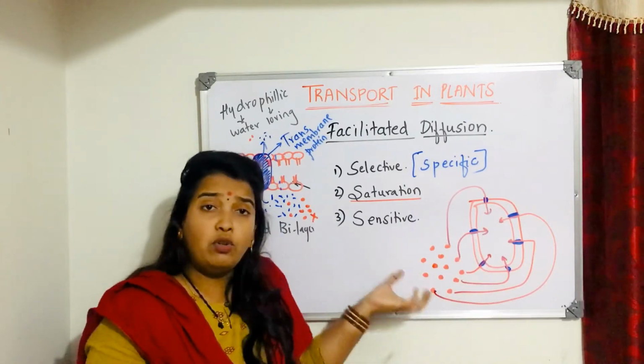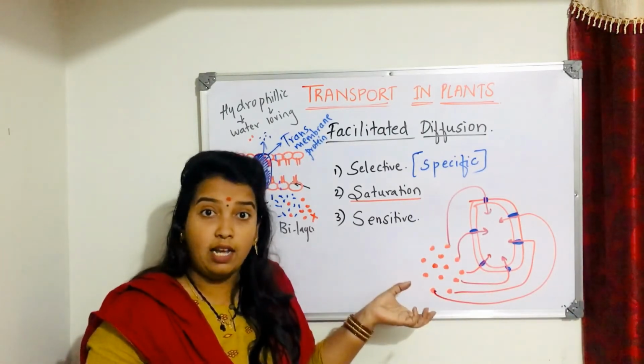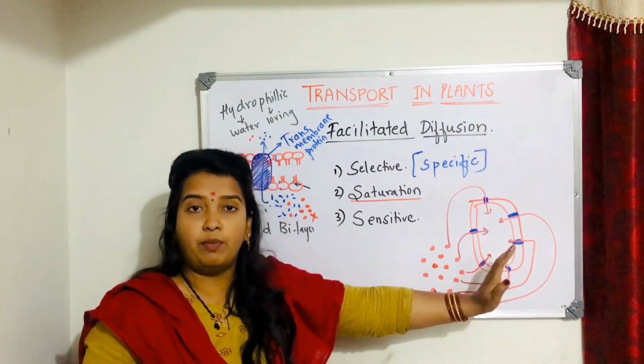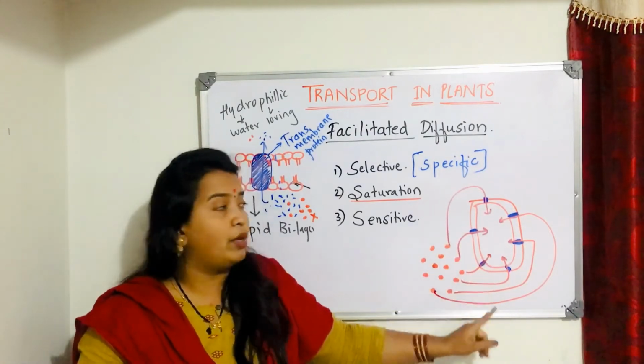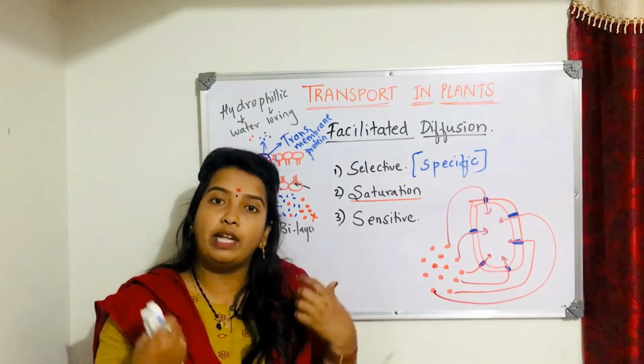So even though the concentration is higher outside, now we want to take more and more molecules inside, but it is not possible. Why? Because already all are open, all are doing their function.